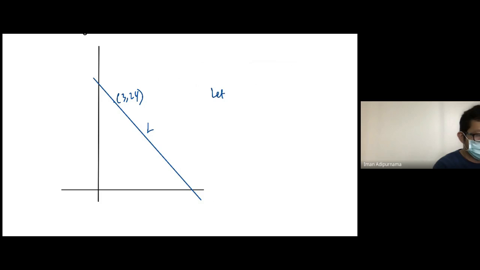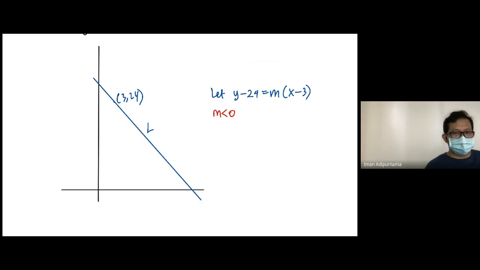Okay, this is our line equation. First, that is our condition, and the slope needs to be negative, right? It's going down. And what else? We need to find the x-intercept and y-intercept, so finding x and y here.